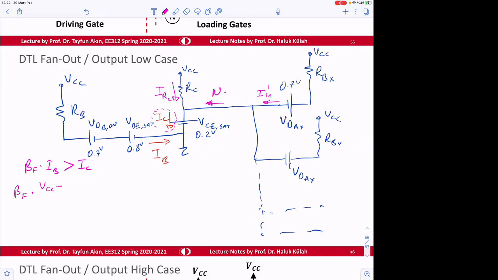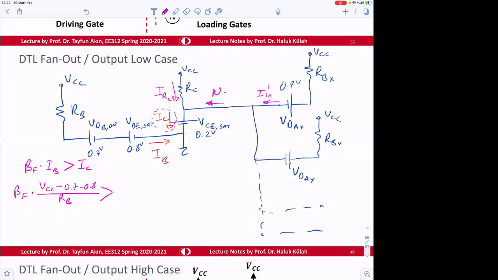VCC minus 0.7 minus 0.8 divided by RB. Should be larger than IC. What is IC?